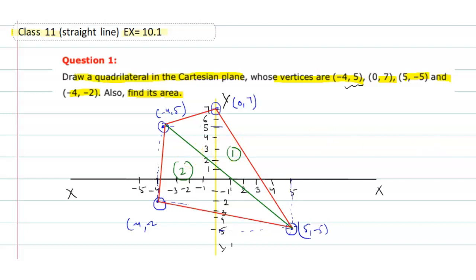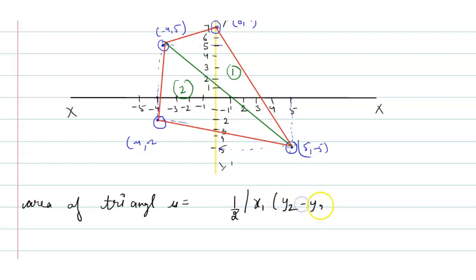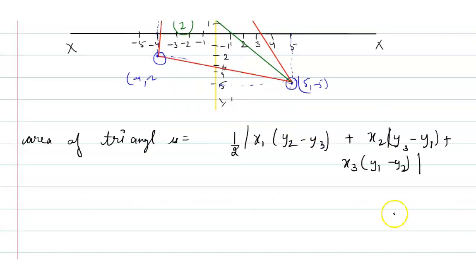Now using the formula for finding the area of a triangle, the area of the triangle equals half mod x1 (y2 minus y3) plus x2 (y3 minus y1) plus x3 (y1 minus y2). This is the area of the triangle.